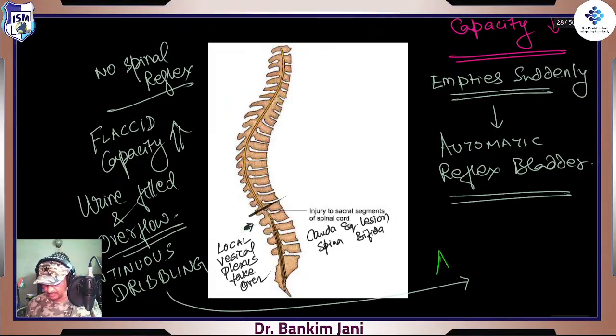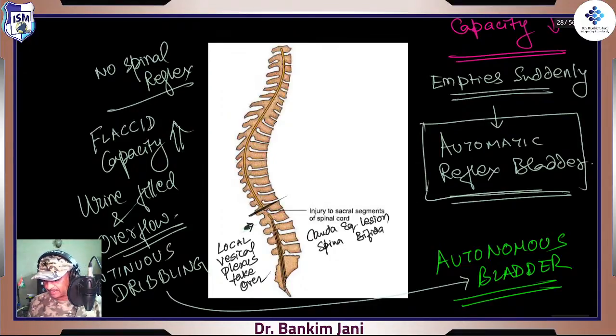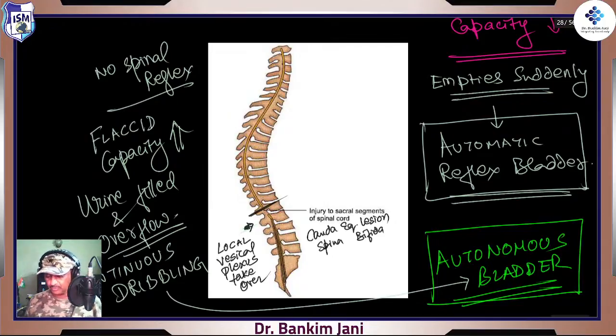There are still many different types of bladder, some overflowing bladders, etc., but these two are the main ones. When we discuss this in physiology or medicine, the discussion would be in detail, but you should know at least this much very properly: what is an automatic bladder and what is an autonomous bladder.